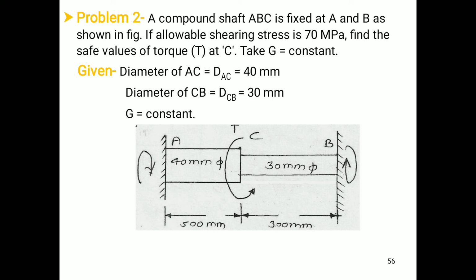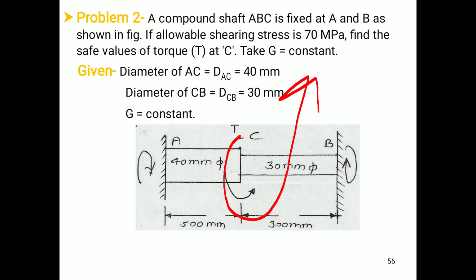It is fixed at A and fixed at B. If the allowable shearing stress is 70 MPa, find the safe value of the torque at C. So we have to find the value of torque at C. Is it okay? Remember that the torque which is acting at junction C is acting in the anti-clockwise direction.